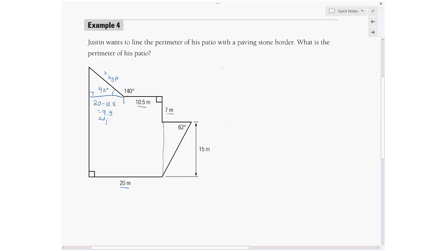I know the cosine of theta is the adjacent over the hypotenuse, so the cosine of 40 degrees is 9.5 divided by the hypotenuse, x.